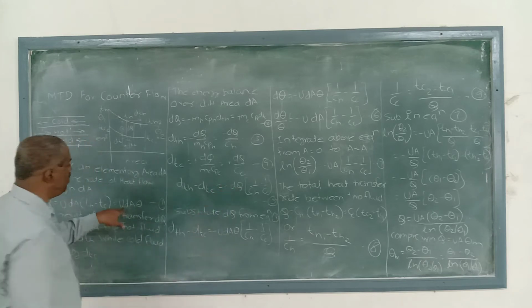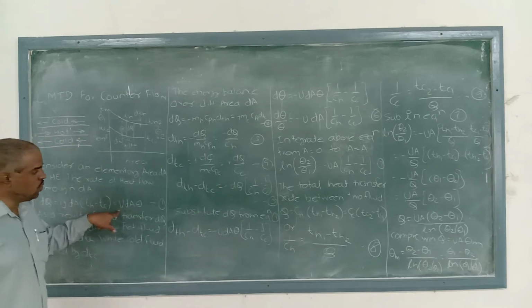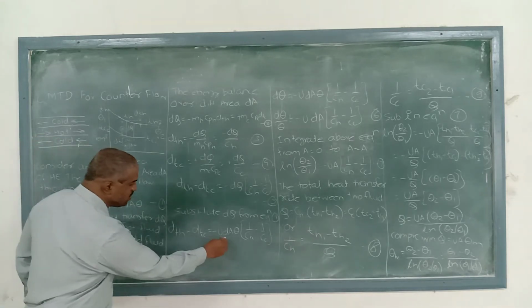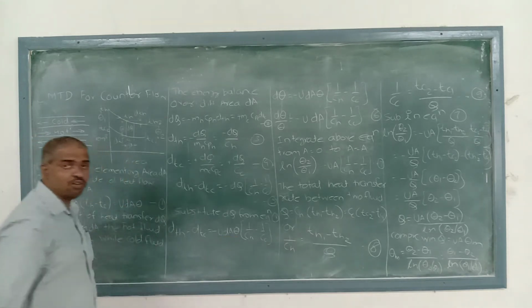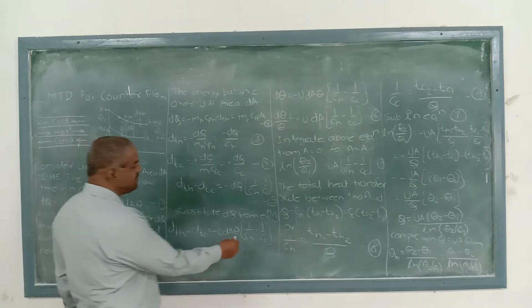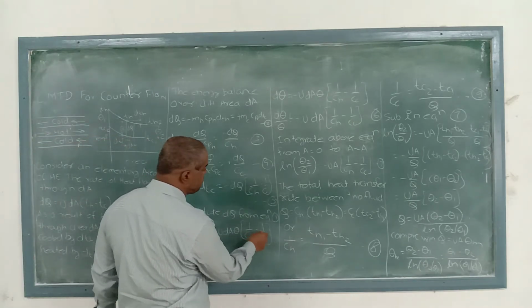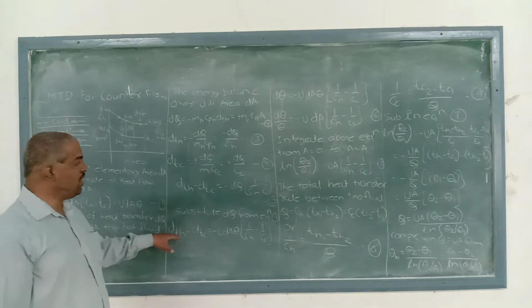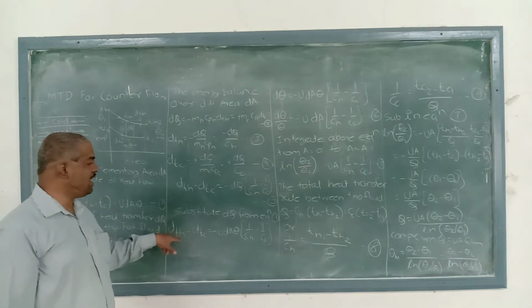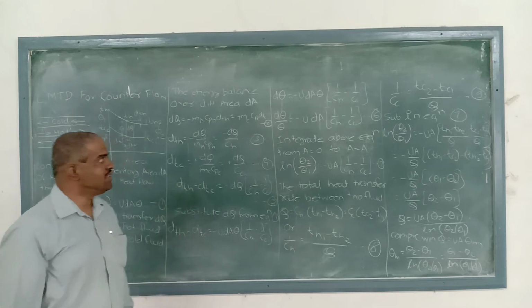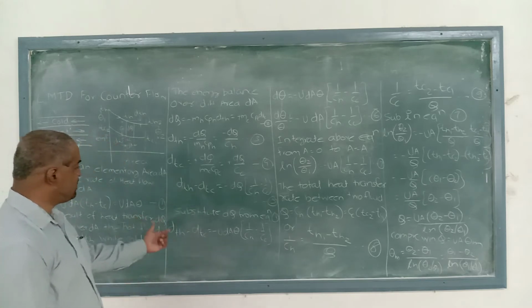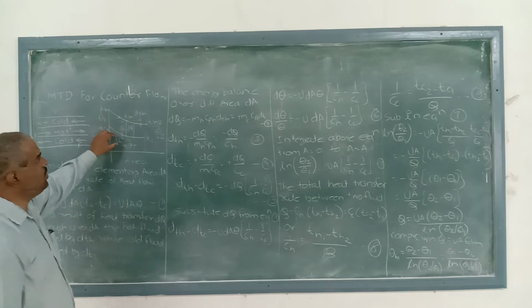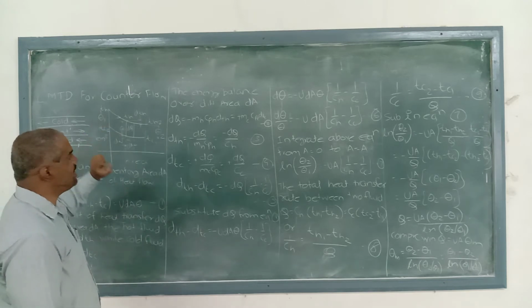For this dq we are substituting U into dA into theta. So U into dA into theta we have substituted, and this is the difference 1 upon Ch minus 1 upon Cc. So we have calculated dTh minus dTc, and for this we can substitute d theta also.